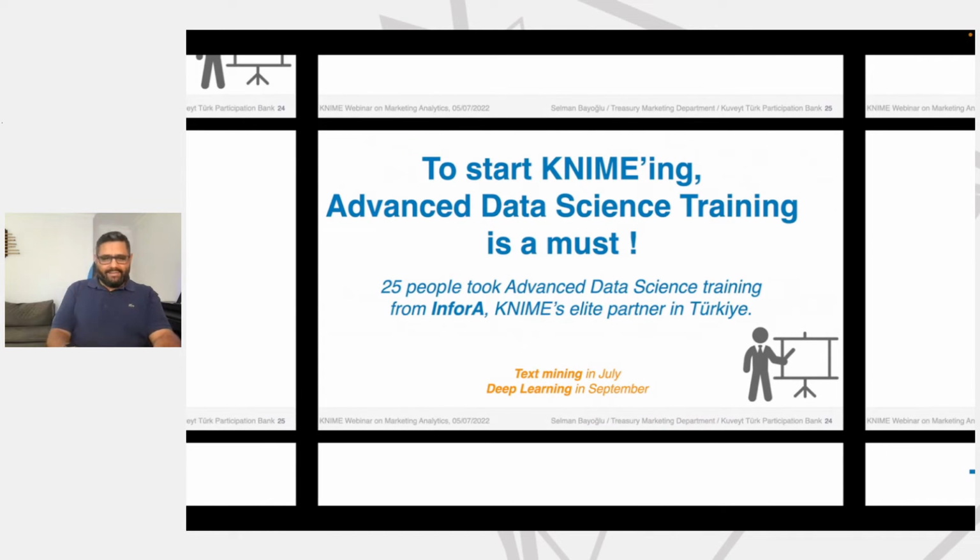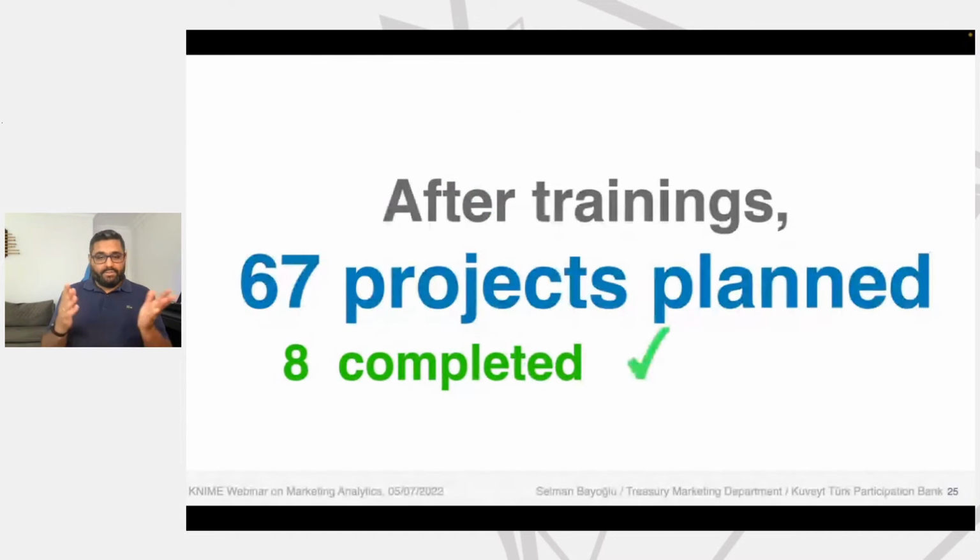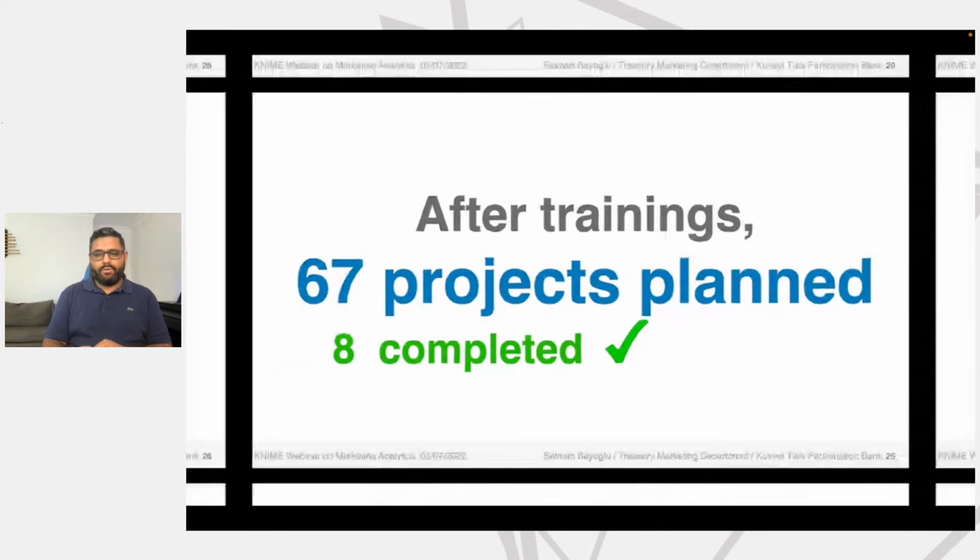And after the trainings, all these 25 people from our group and our managers and executives got together in a 2-day workshop and outlined 67 projects, and we have planned them. So far, we have completed 8 of them, and it's a good start.